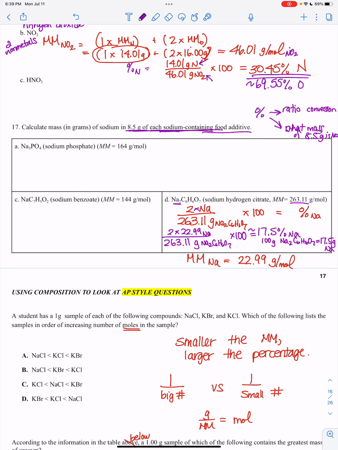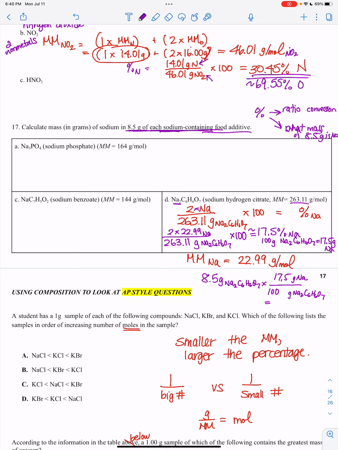I could use this as a conversion factor. So if I have 8.5 grams of the Na2C6H6O7, I could multiply by this conversion factor. I'll put my grams of Na2C6H6O7, grams of Na, because that's what I want. 17.5 grams over 100.